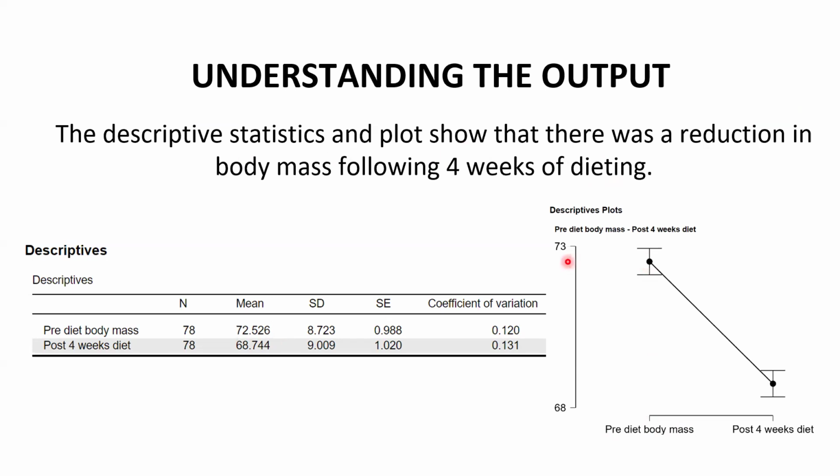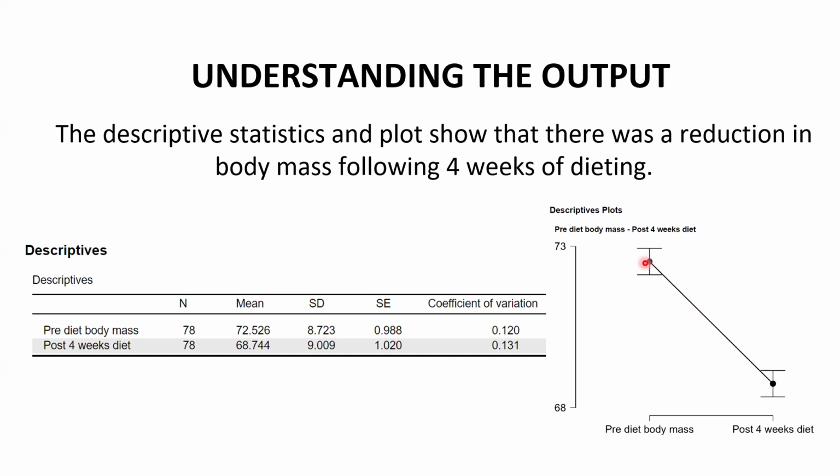The mean value for post 4 weeks diet is 68.744 kilograms, and in the graph it is lower than the pre-diet body mass. So that means there was indeed a reduction.